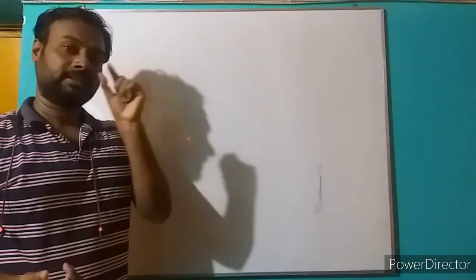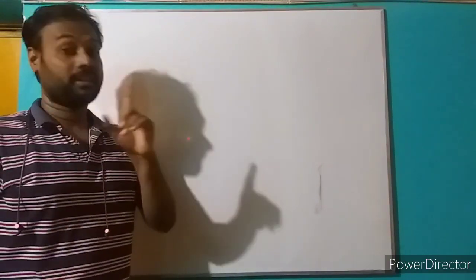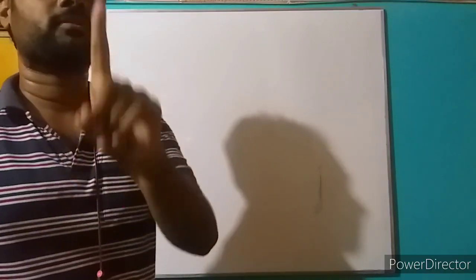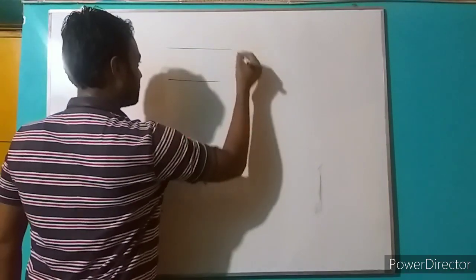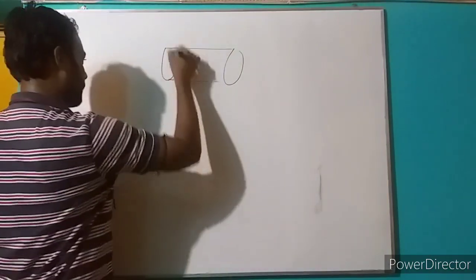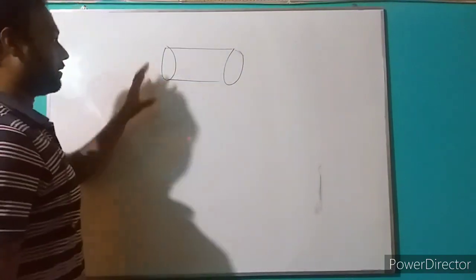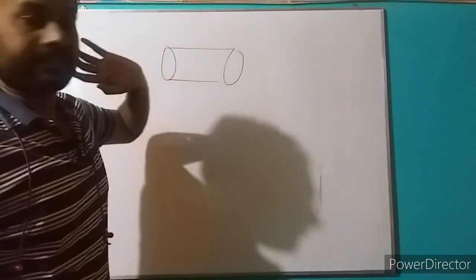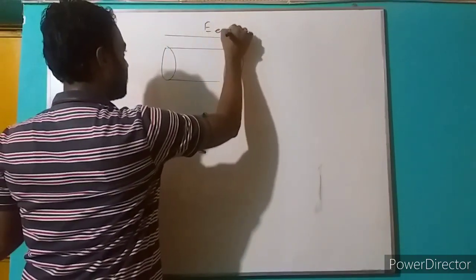Inside the conductor, the electric field is zero if the conductor is isolated. Suppose this is the conductor. Whenever that conductor is placed inside an electric field, that is the external electric field.